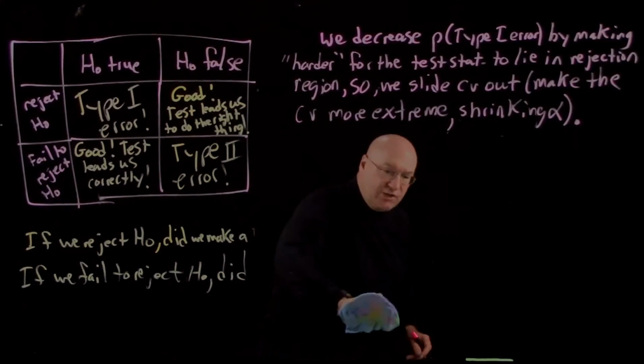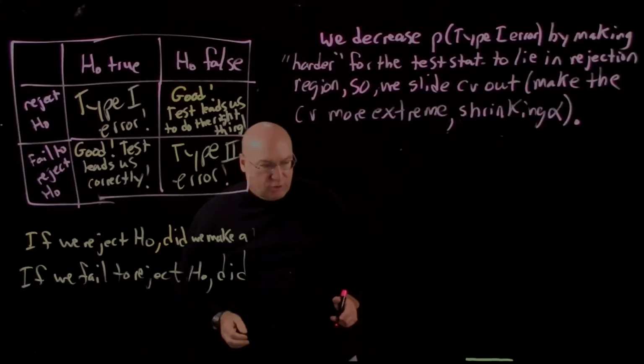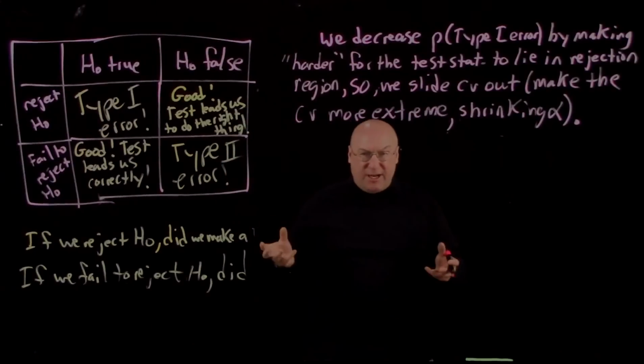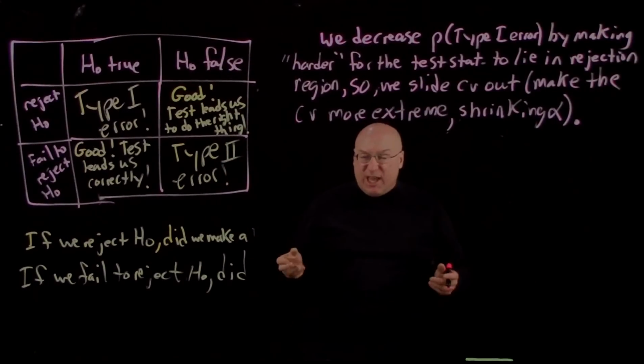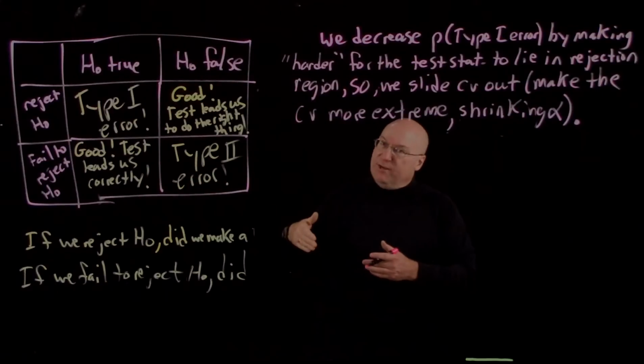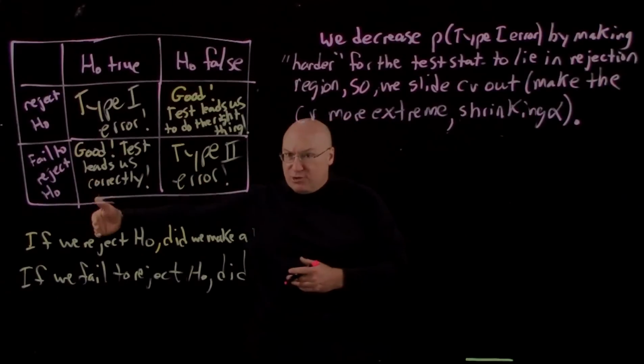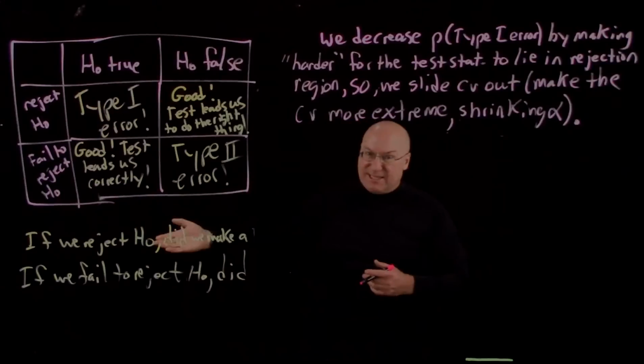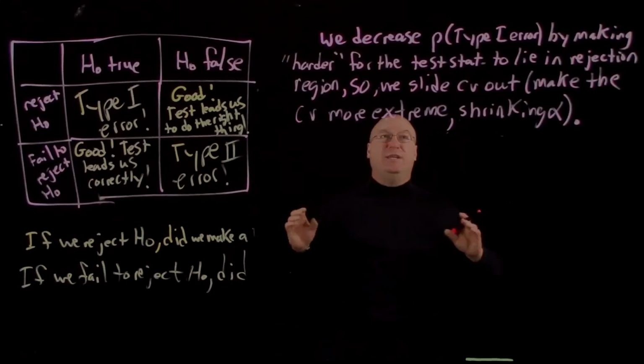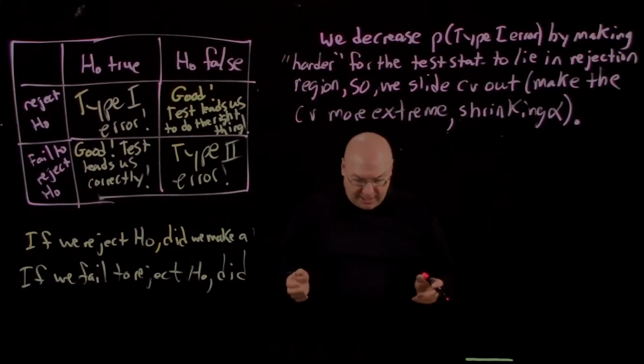So in the event that H naught is true, but I get kind of an unusual value for my test statistic, if my critical value is way out there, it would have to be a very unusual value to get out that far, and that's less and less likely. So we can decrease the probability of type 1 error by doing that.